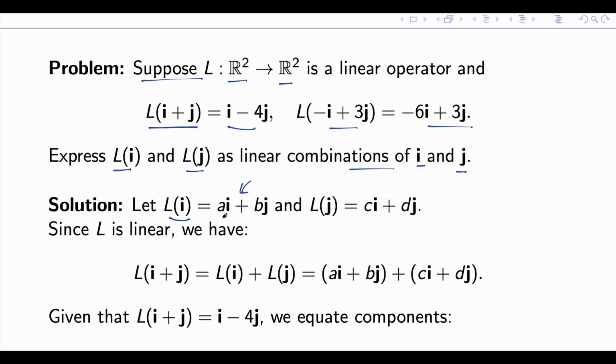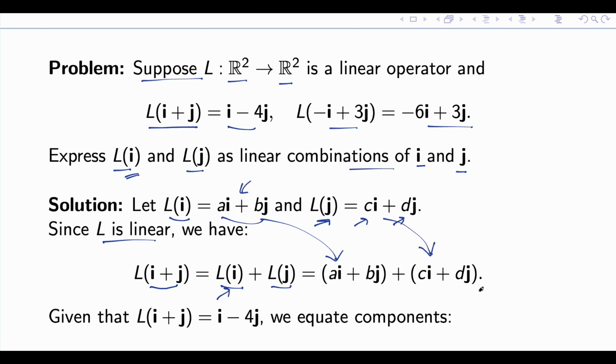This is a linear combination. We are representing this L of i. Similarly, L of j can be written as a linear combination of i and j. So a, b, c, d, we have to figure out, right? Since L is linear, L of (i plus j) can be written as L of i plus L of j, and L of i and L of j are in our hand.